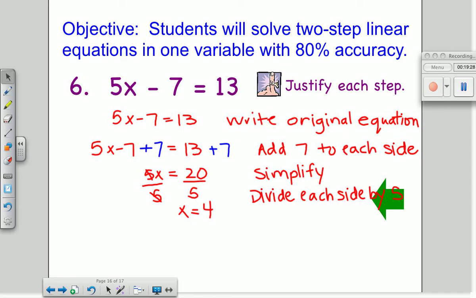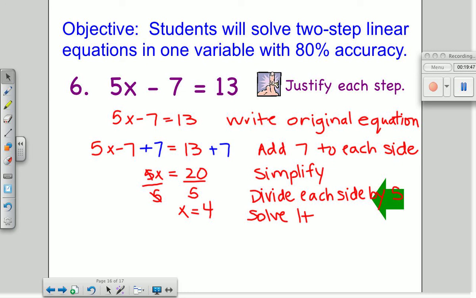So this is where we solved it, right? Or combine like terms, or not combine like terms, I'm sorry, that's only for addition and subtraction. This is division. So we simplify by dividing. X is 4.